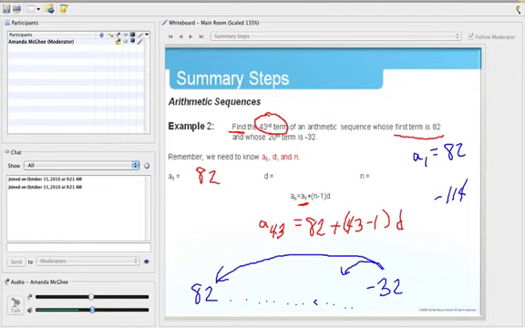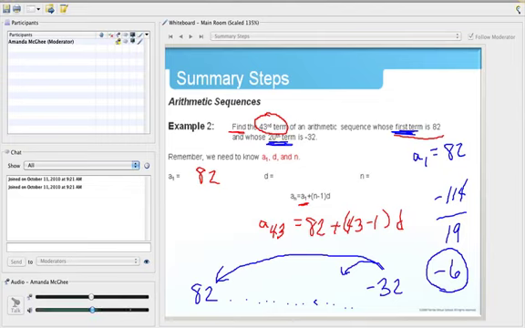Now, how many terms are there between the first term and the 20th term? 19, right? So if I divide this by 19, that means between each term, we're going down 6. This is D.